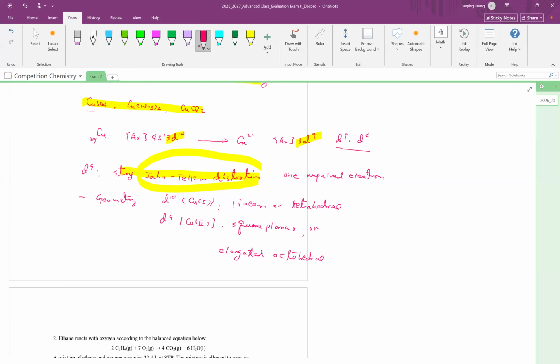That's why copper 2 complexes often show broad, asymmetric, visible absorbing bands, not sharp bands. Many transition metal ions have very sharp bands, but for copper, it is a broad, asymmetric, visible absorbing band.